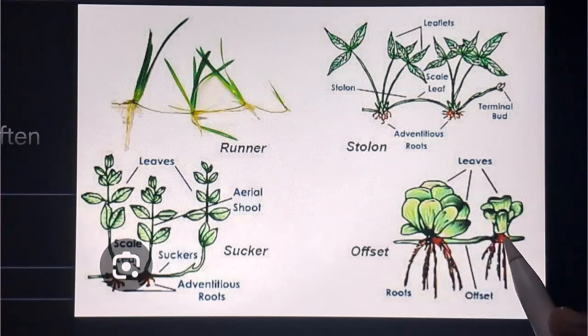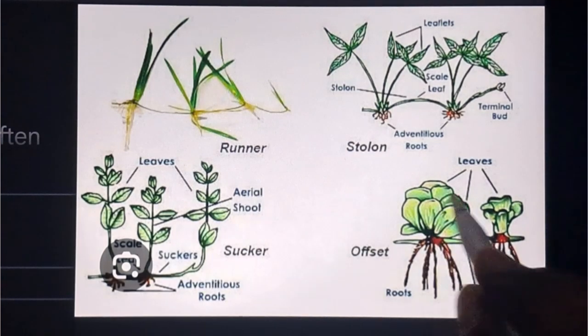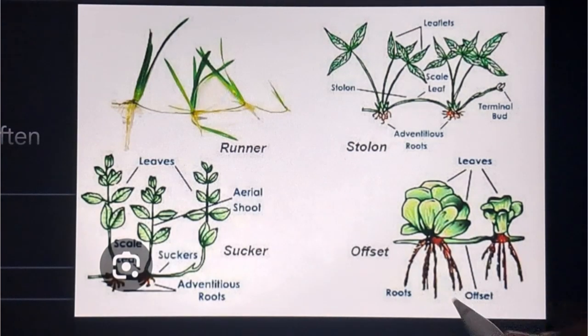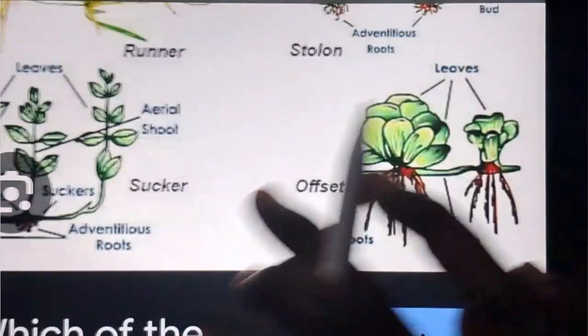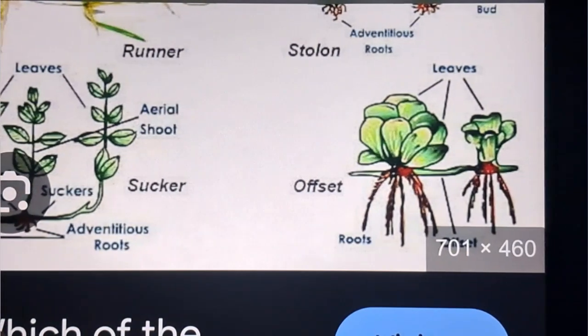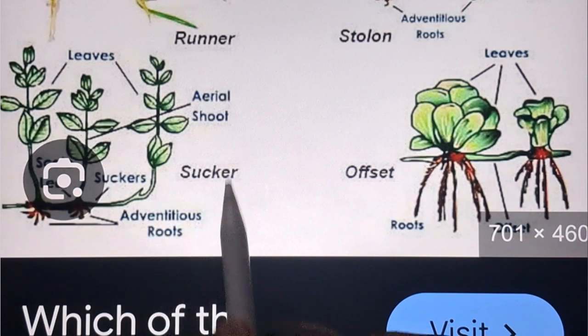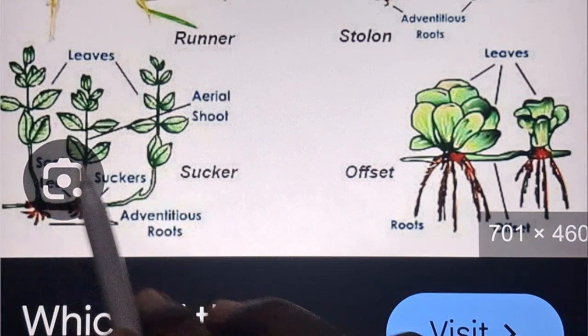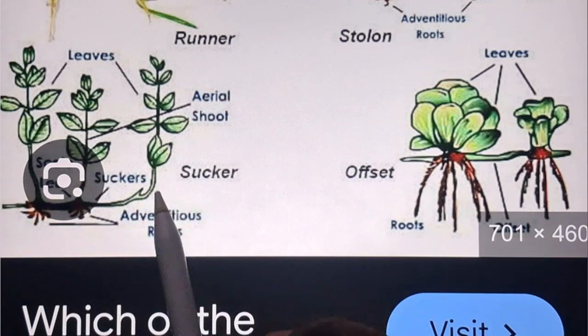Internodes and nodes bearing a rosette of leaves and a tuft of roots. An example of offset is Pistia. Right. Next, this is sucker. Here it's a little disturbed, but you can see this.